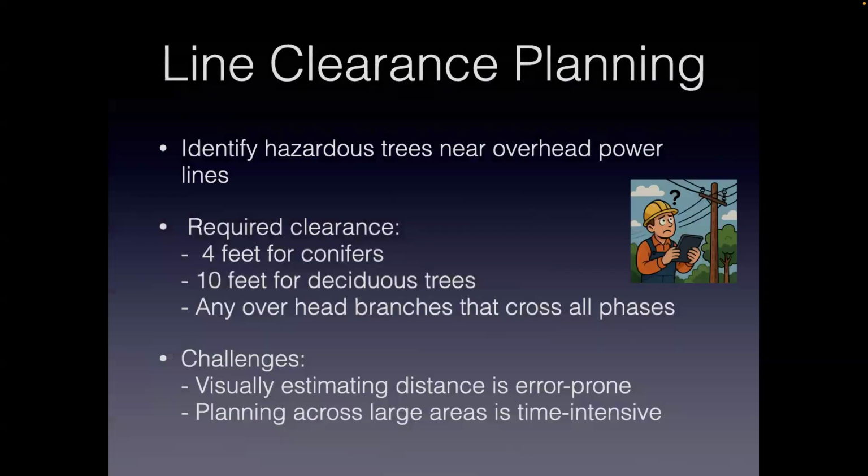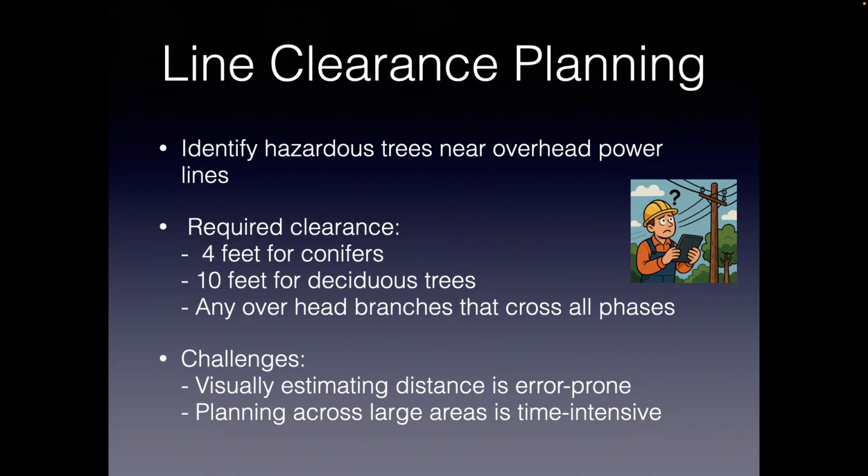Okay, so the next demo is going to be around line clearance, tree trimming, planning. So not as fun as the cat detections, but more of a real world process. For context, before I recently accepted a role at DTE Energy, I was in the arborist industry for the last 5 years, trimming and removing trees every day. So I have a lot of experience with this.